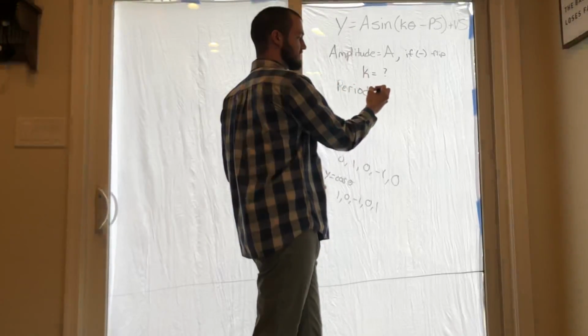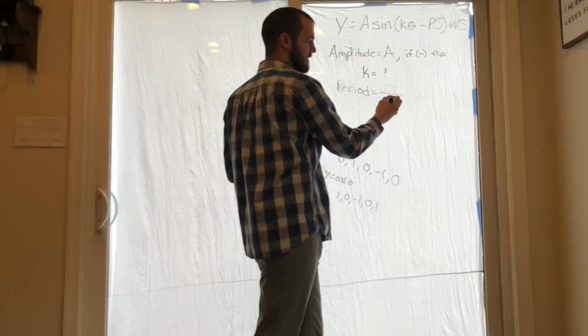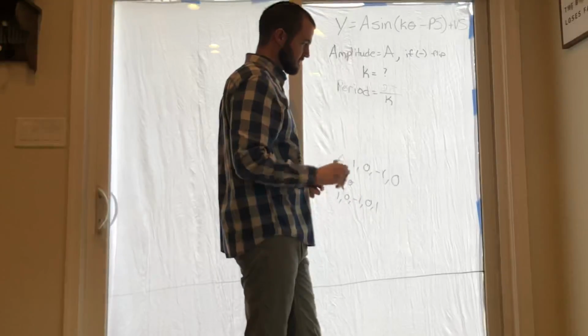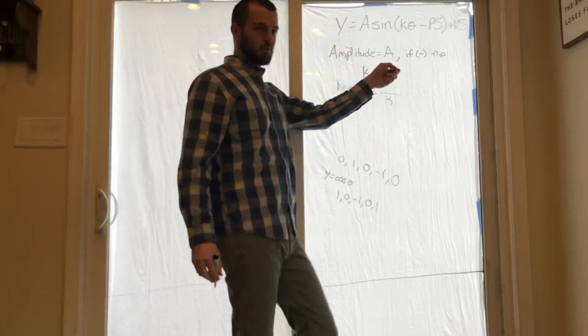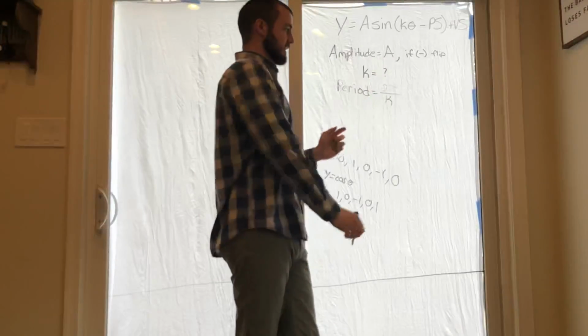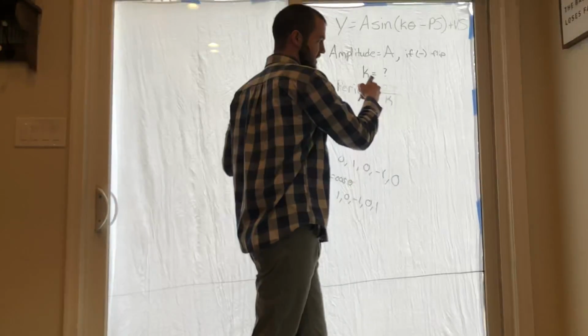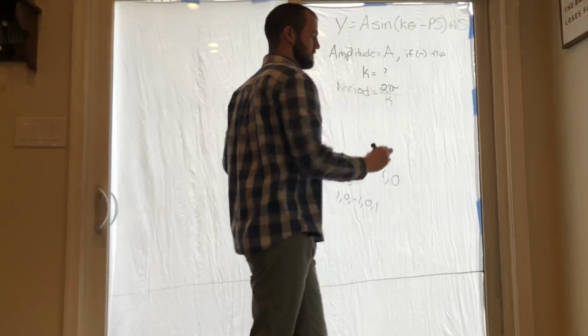So your period is going to be 2 pi divided by K. Our K is always going to be 1, so our period is always going to be 2 pi for now. But I want you to see it and know it, so when we start doing it later, it makes it easy.